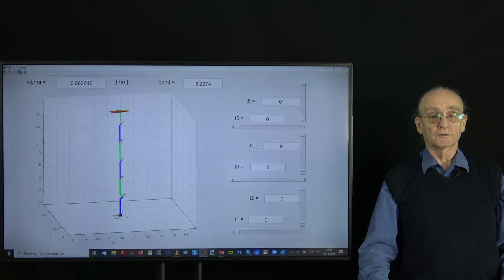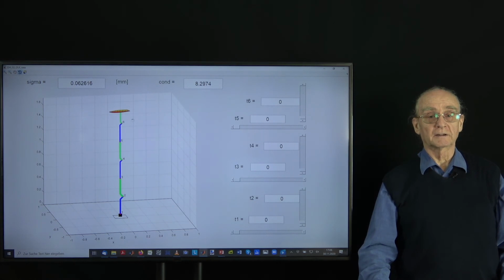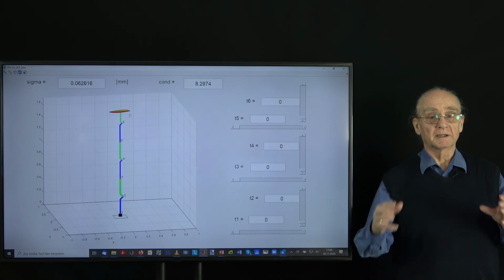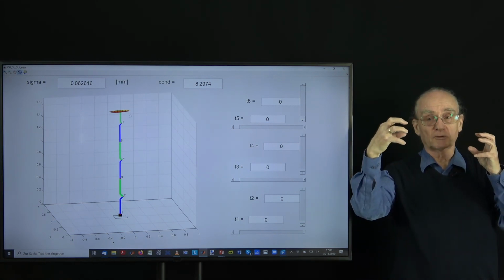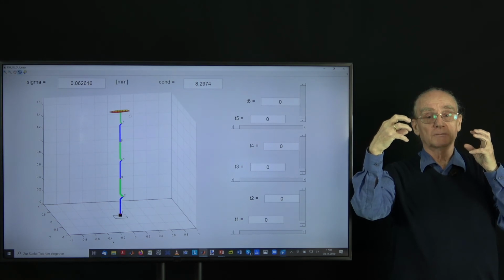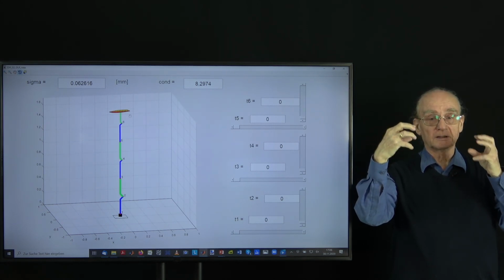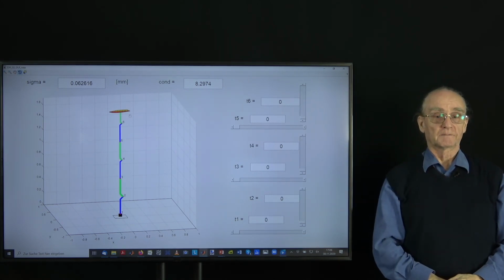You see here the first link, the second link, the third link, the fourth link, the fifth link, and the final link with the measuring point. And what you see here is actually the covariance matrix, the uncertainty ellipsoid, with which you can measure that point in 3D in that situation.